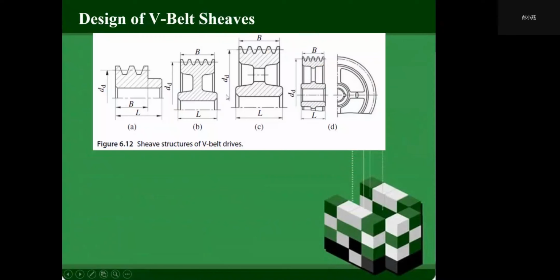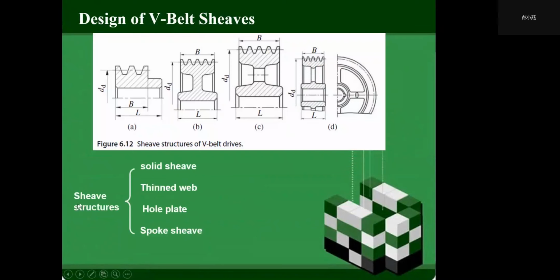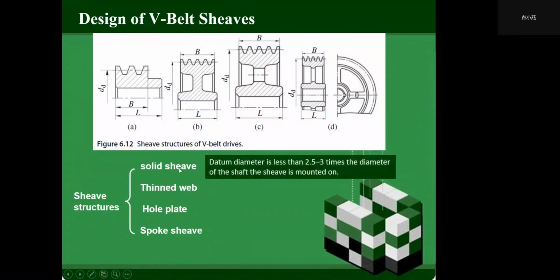For the sieves, these are sieve structures of wheel belt drives. The sieve structure includes solid sieves, thin web sieves, hollow plate sieves and spoke sieves.